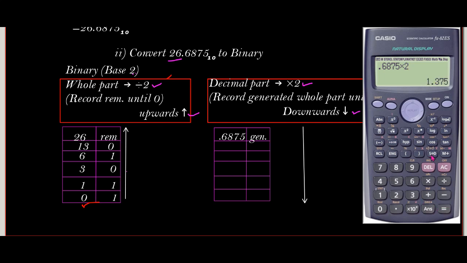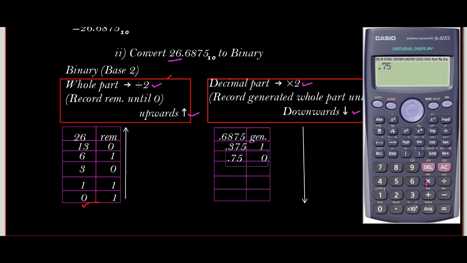So the decimal part you multiply. So 0.6875 times 2, you record the whole part which has been generated, which is 1, then the decimal part remaining there is 0.375. So it is that 0.375 we now multiply by 2. We continue repeating the same process until we get 0. 0.375 times 2, you get 0.75.